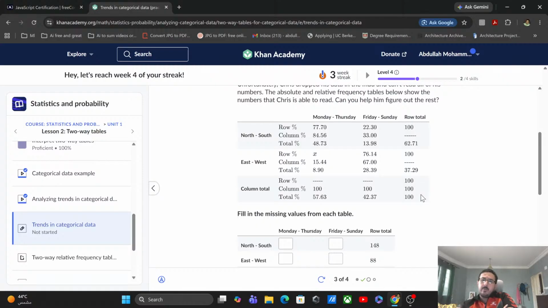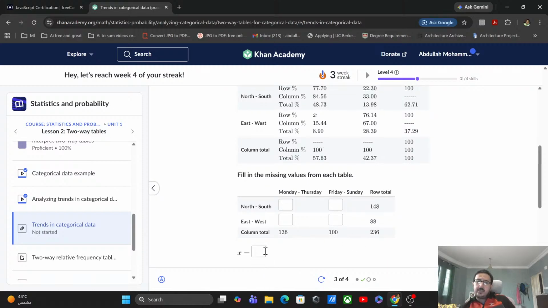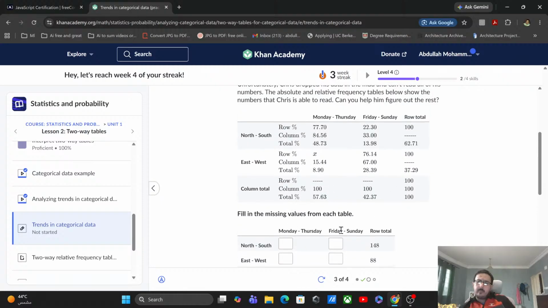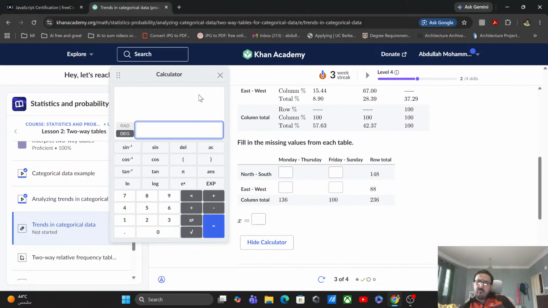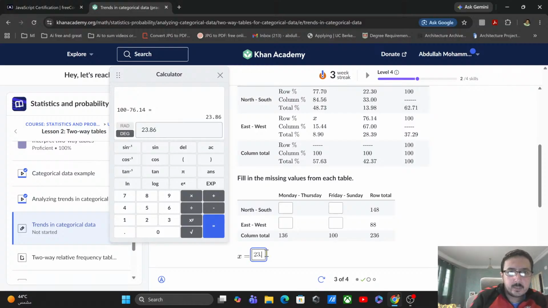So 77% out of that 148. X is of course 100 minus 76.14, which is 23.86.